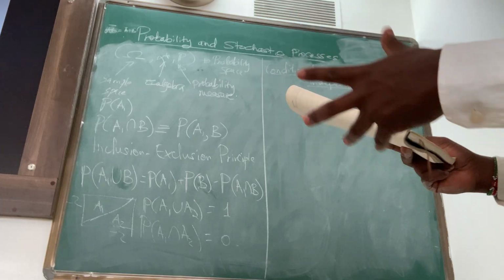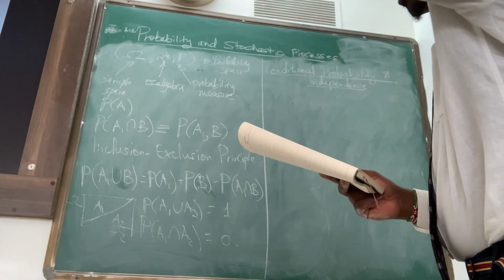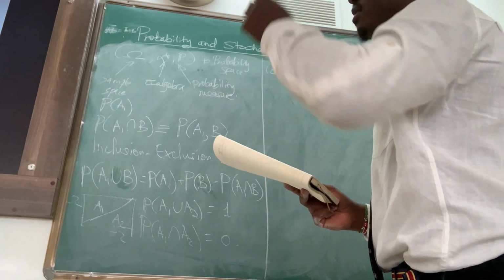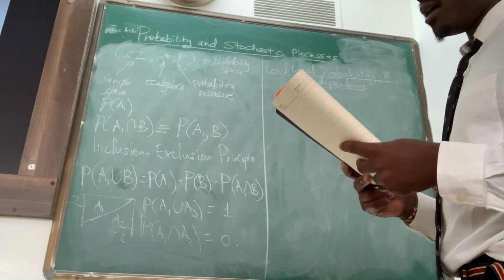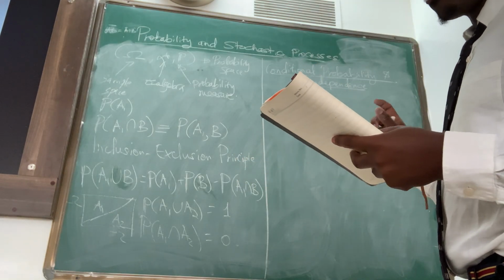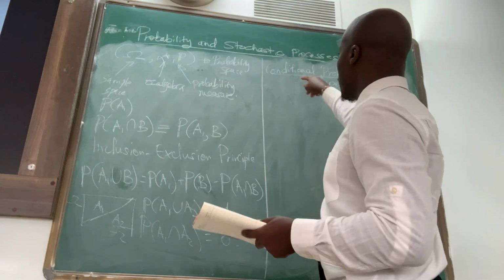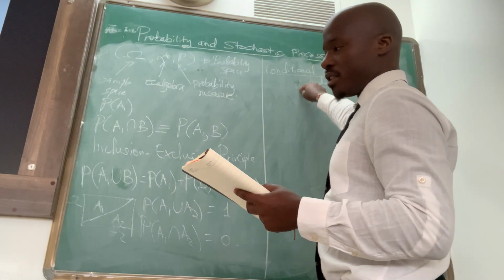So conditional probability is just a probability measure that is defined relative to another probability measure, and this is called a conditional probability. So for conditional probability, it's still going to be on that event space.